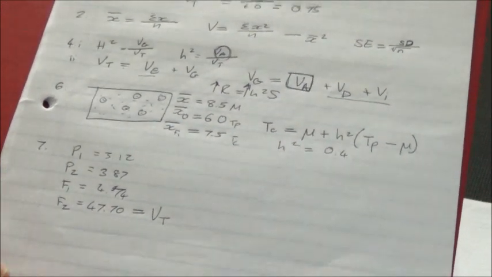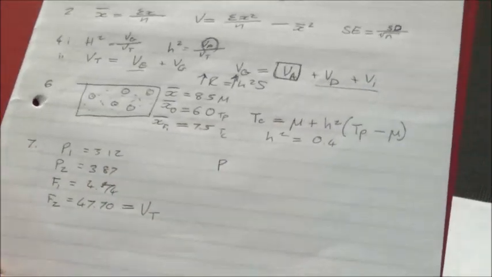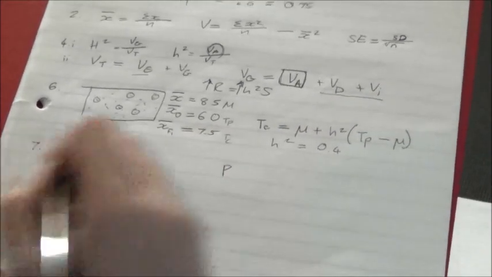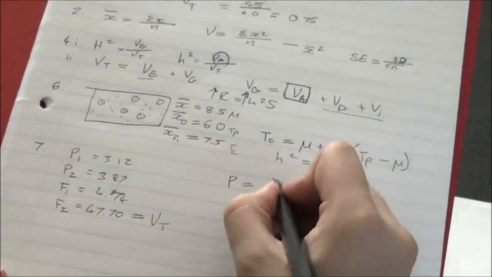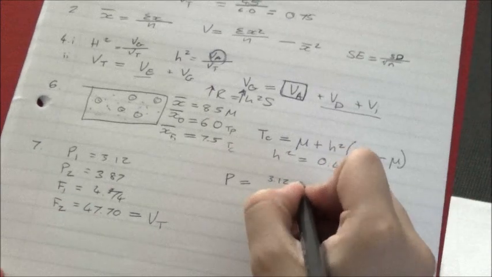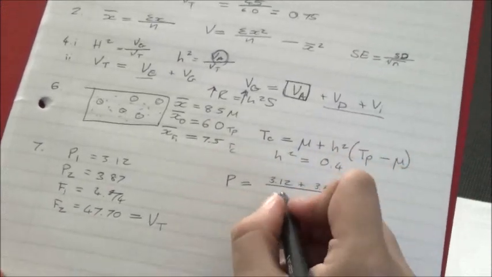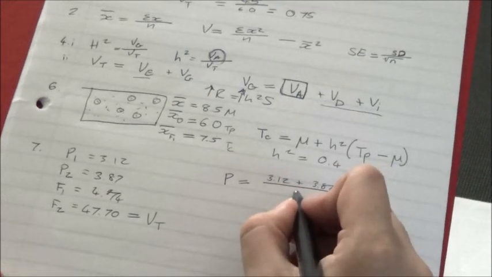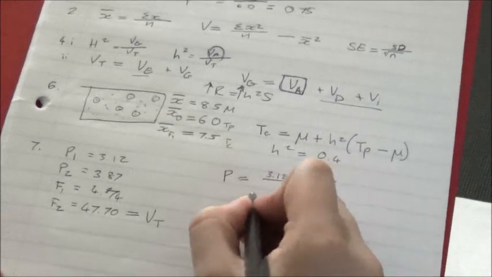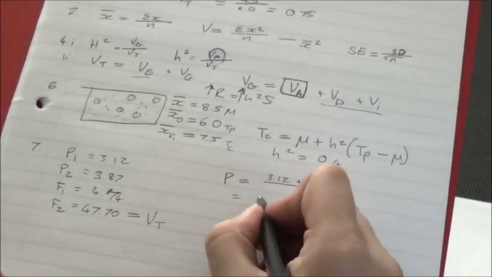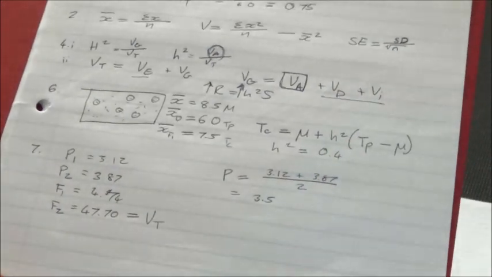So the first thing we're going to do is give a standard variance of parental value, which will be the average of the two parents, divided by 2. And we should get 3.5. Okay.